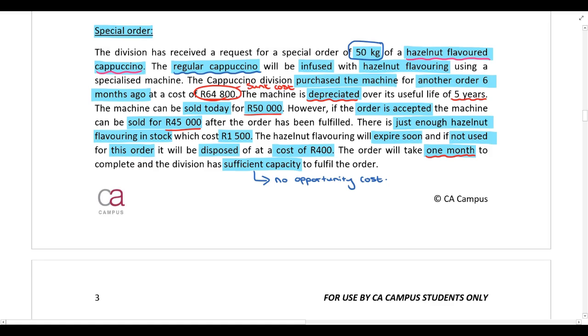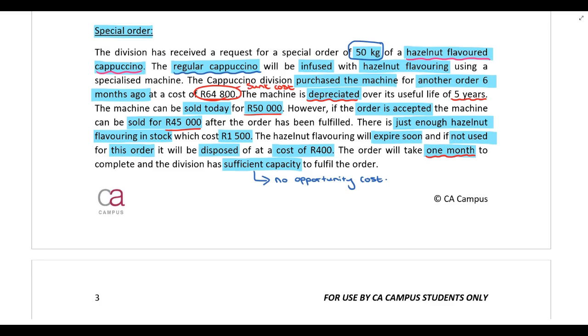Now, remember, guys, the only cash flows that are relevant over here are the cash flows that directly relate to this order. So if the company doesn't accept the order, they can sell this machine today and they can get 50,000 Rand for the machine. If they do accept the order, then obviously they can't sell the machine because they need to use it for the order. They can only sell it after the order, and then the value of the machine has dropped, so they can only get 45,000 Rand for the machine.